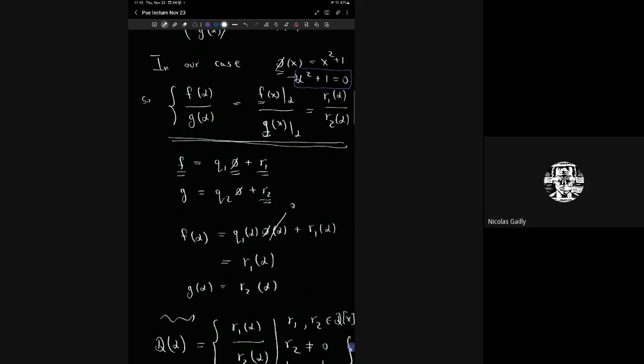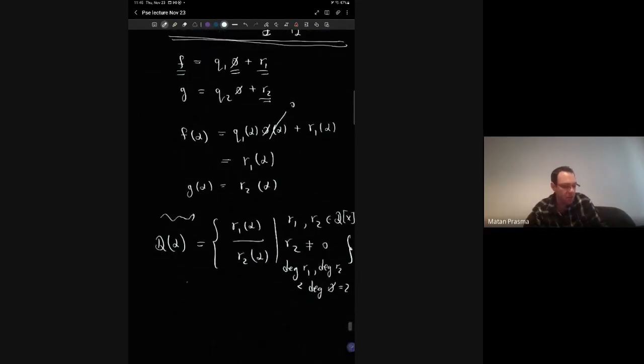Because again, Q of alpha, you should think of it as the minimal field containing Q and alpha. So of course, if alpha was already in Q, then you don't get anything new. But alpha could be a symbol satisfying any polynomial relation, being a root of any polynomial over Q.